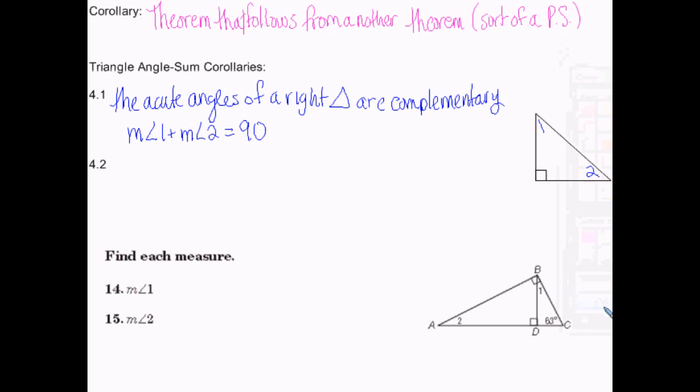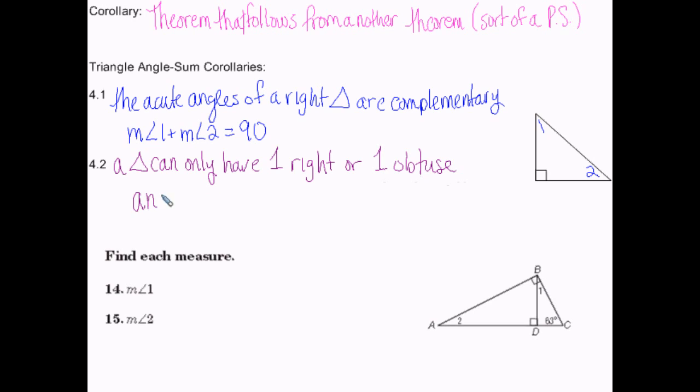And that's that if you have a triangle and you have a 90-degree angle, you can't have another 90-degree angle because the triangle adds up to 180, and if you take 90 away, there's only 90 left.